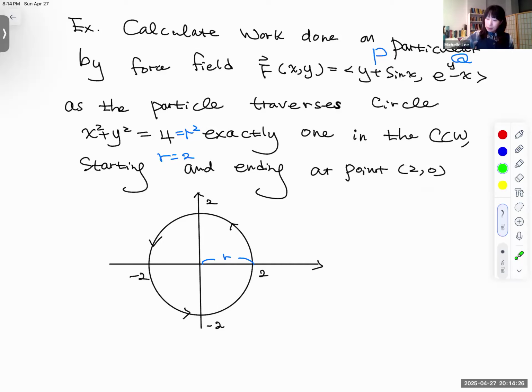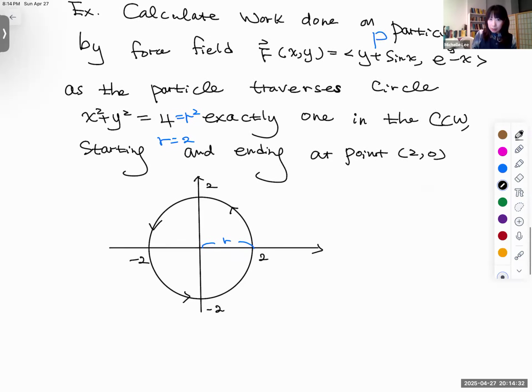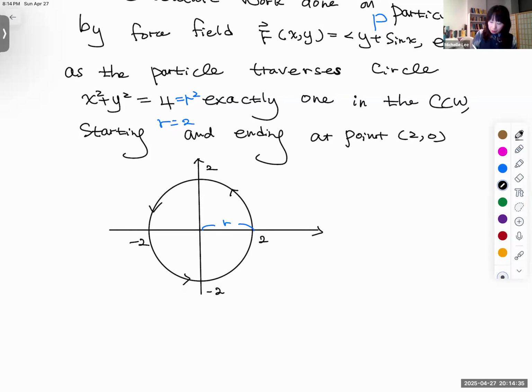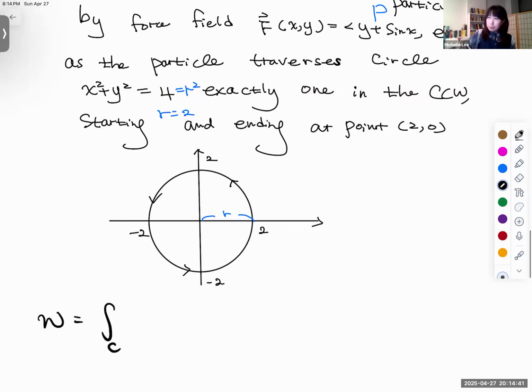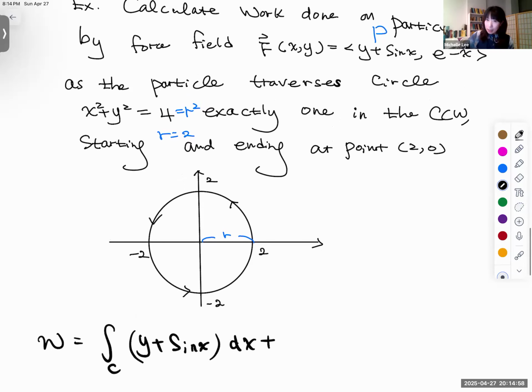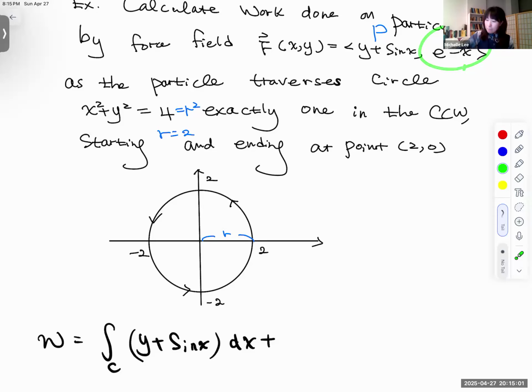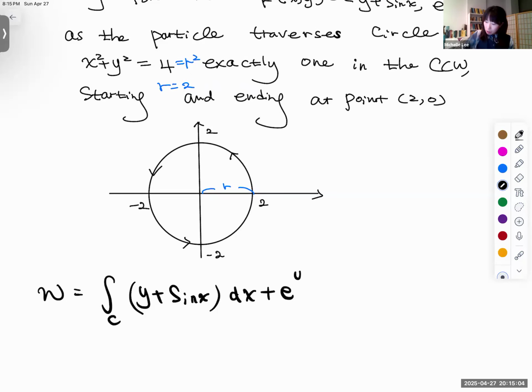Let's do this. We have the formula for work done. Let's write it out. W, work done, is the line integral of P dx plus Q dy. Here P is y plus sine x, and Q is e to the y minus x, so e to the y minus x dy.